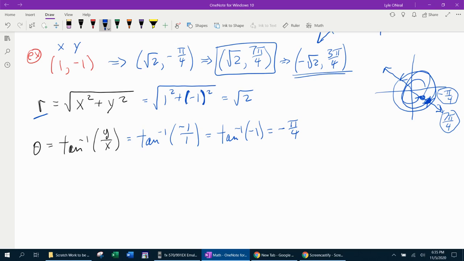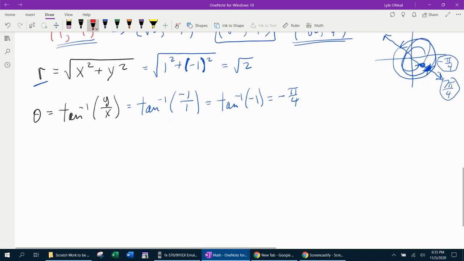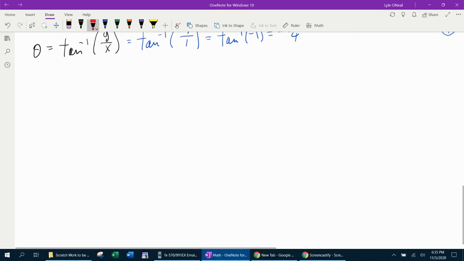I don't know if you noticed, that's kind of cool, that there's only one way to represent an ordered pair in rectangular form, but there's an infinite number of ways to represent an ordered pair in polar form. Kind of cool. Okay, I'll step off my preacher's box there, and let's go on to another example.